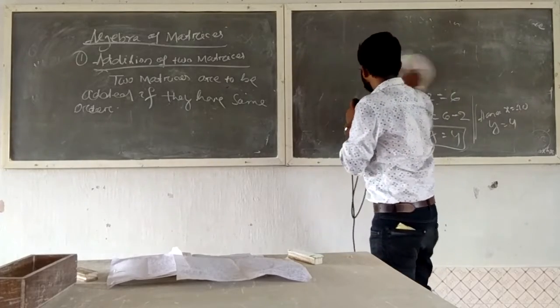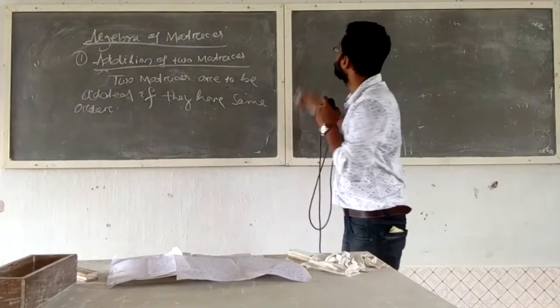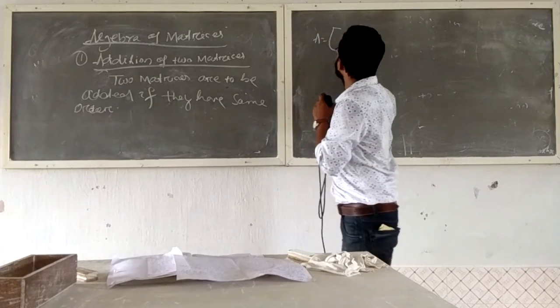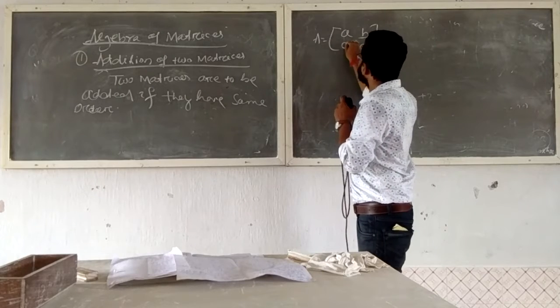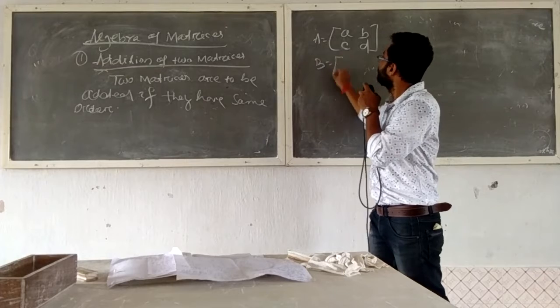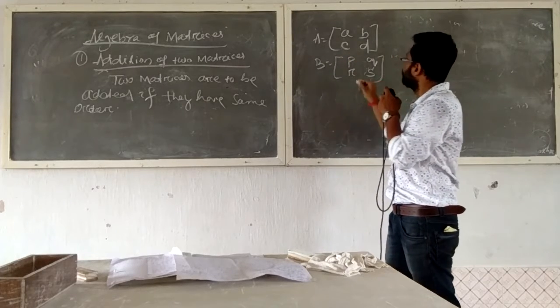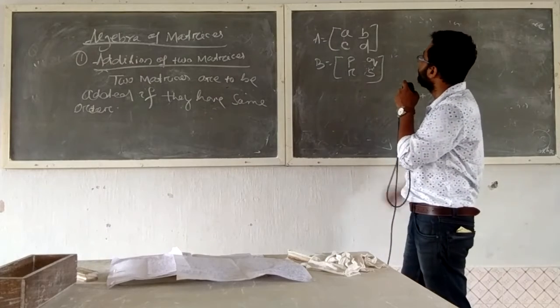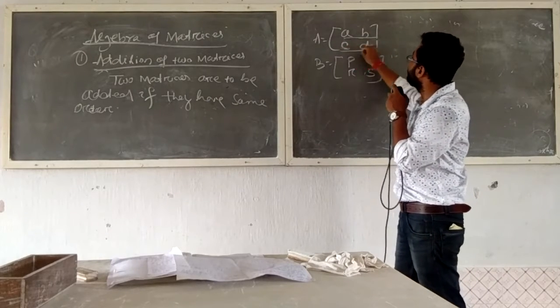Take A matrix equal to A, B, C, D and B matrix as P, Q, R, S. A matrix has two rows; the horizontal lines are known as rows.